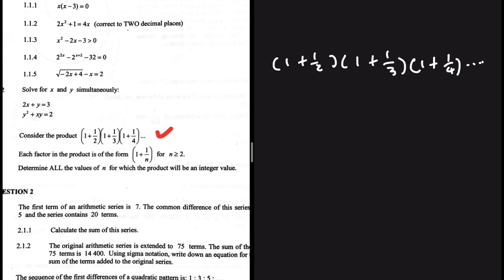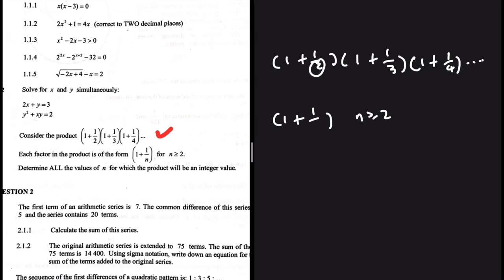Each factor in the product is of the form 1 plus 1 over n, for which n is greater or equal to 2, as we can clearly see from the first term. And then the question is saying determine all the values of n for which the product will be an integer value.